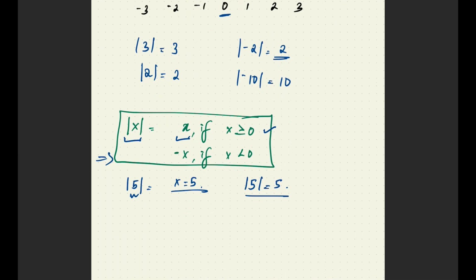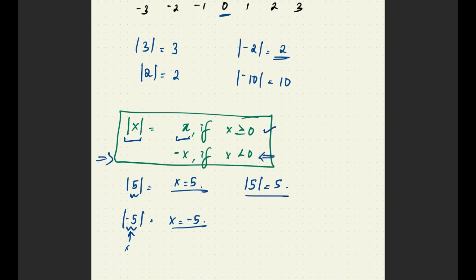Now let's say I told you to find the absolute value of minus 5 using the definition. In this case, we know that our x is equal to minus 5, because we plugged in minus 5 in place of x. Is minus 5 greater than or equal to 0, or less than 0? Obviously, it's less than 0. So we're going to be looking into this part of the definition.